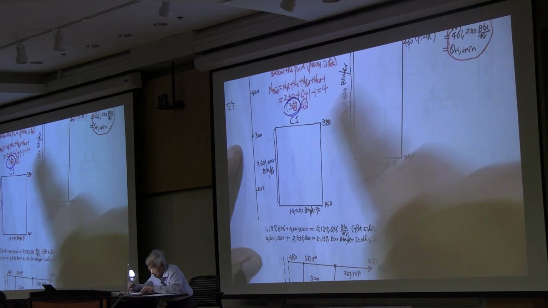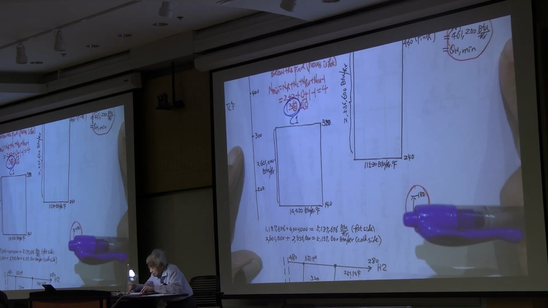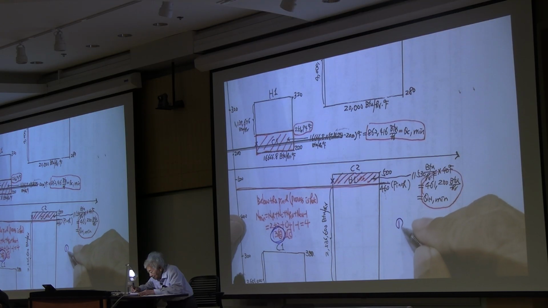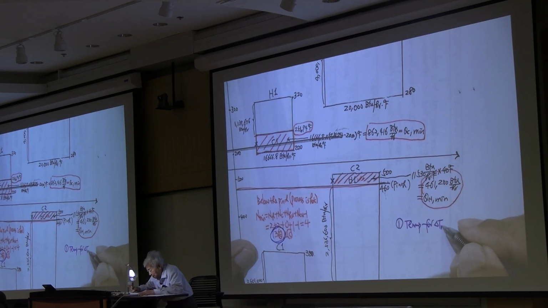Cold stream 2 blocks. 3 exchanger. You need to check 2 things. 1, temperature for delta T mean, 20 degree F. 2, heat duty.